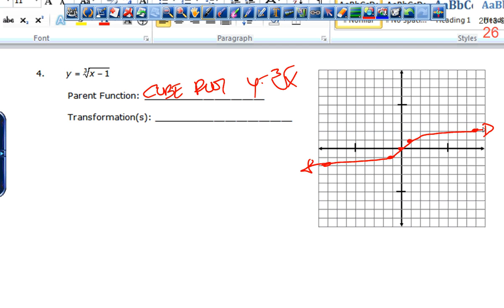Did we get that far? Yes. Sweet action. All right, how many units are we moving and which way? 1 unit to the right, because the -1 is on the inside of that root symbol, or parentheses, however you want to think about it. So that means I'm moving each of these points 1 to the right.